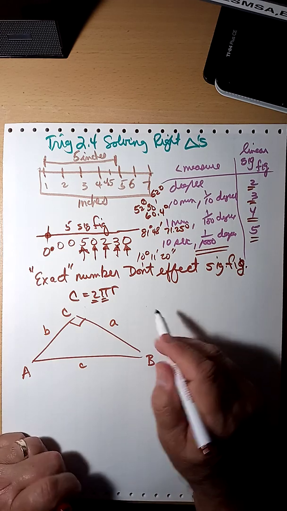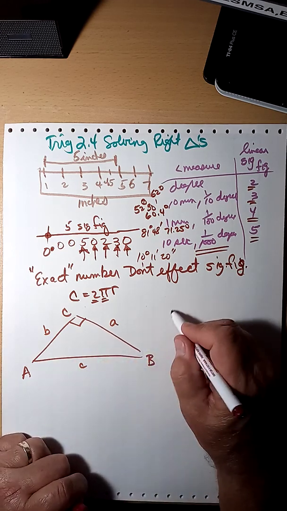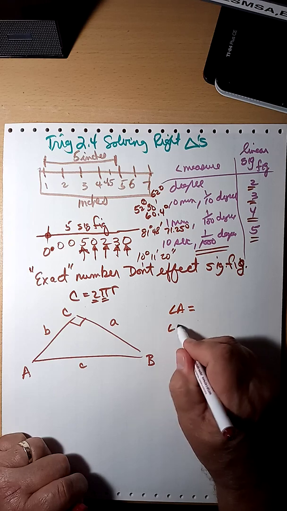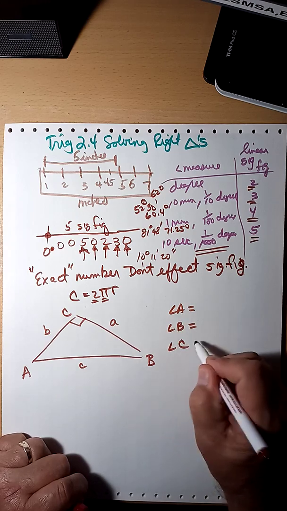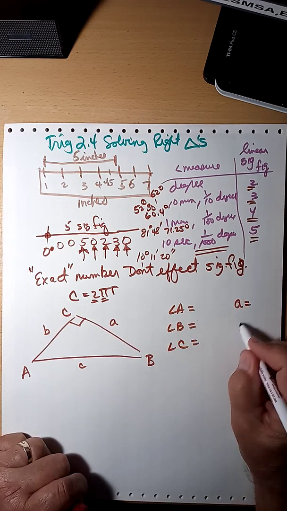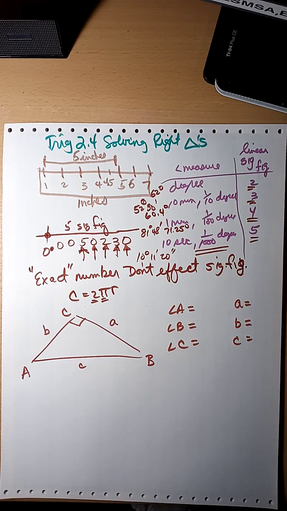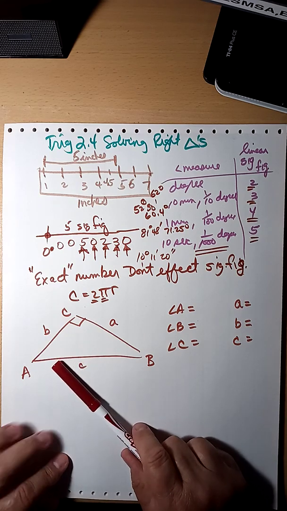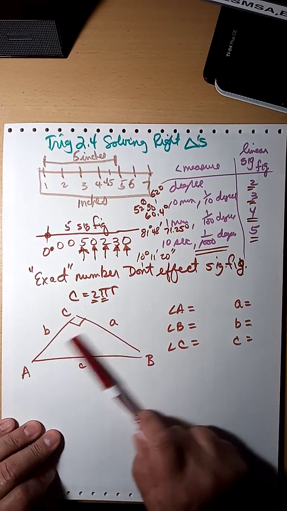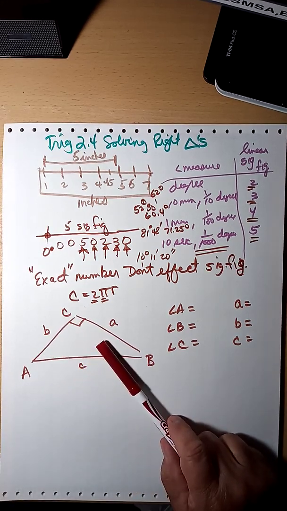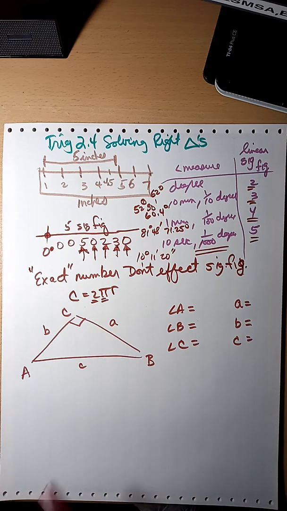And when you solve a right triangle, you're going to have all the angles and all the sides, all 6 parts listed. That's what solving a right triangle does. We're also going to look at, in the next section, a little bit, the problems that you could use solving right triangles to help you solve.